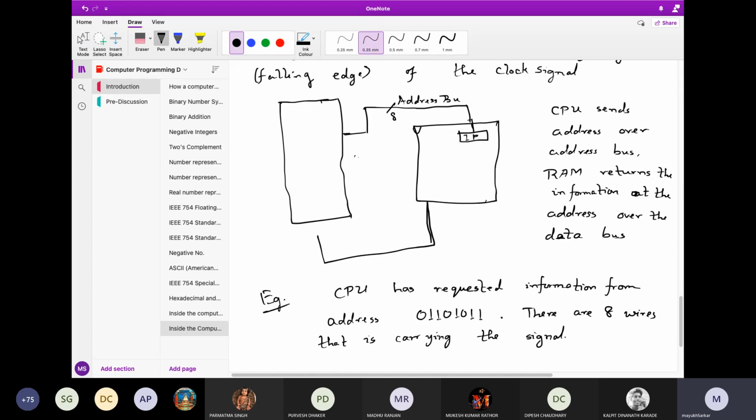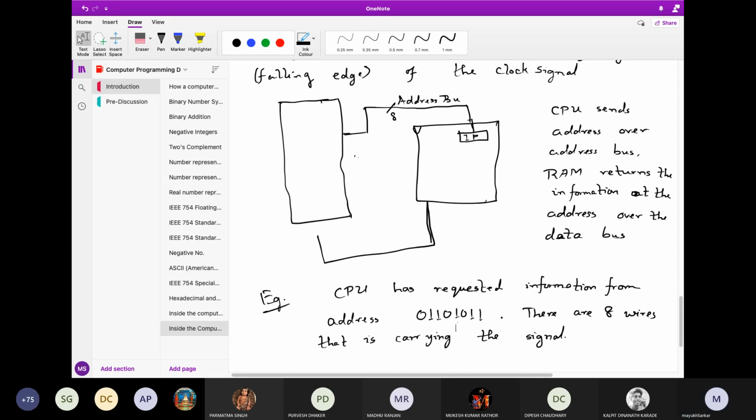For example, if it is 01101011, among these 8 bits, the second, third, fifth, seventh, and eighth lines will be high. The rest of the 3 lines will pass low voltage.